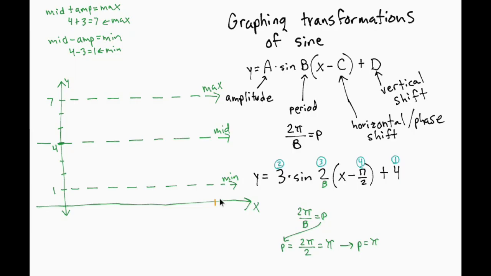When we plot the period on our graph, we'll make a tick mark for pi, and then we need to divide this into 4 parts.